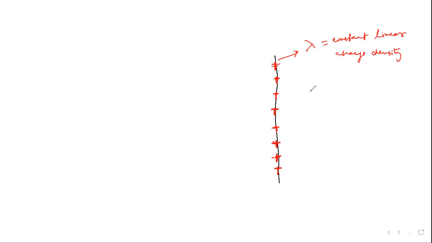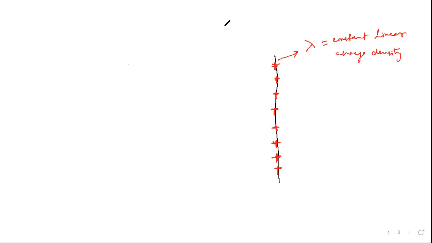Now we want to find electric field due to this line of charge, infinite line of charge at some point r distance from the line. In order to do that, first thing is to construct Gaussian surface.